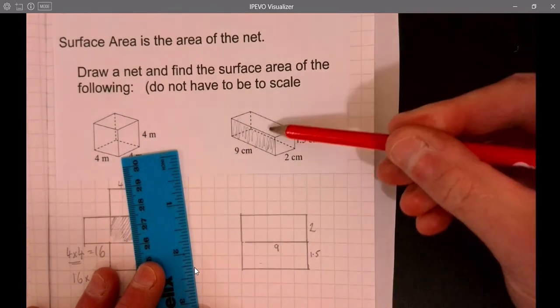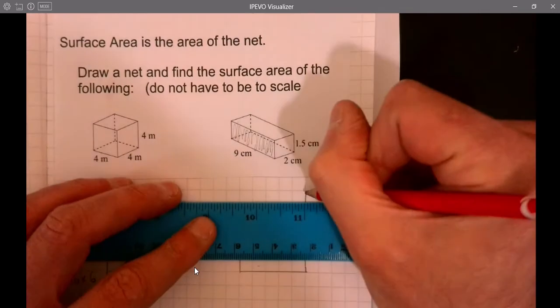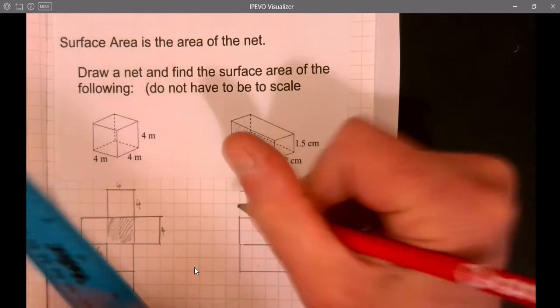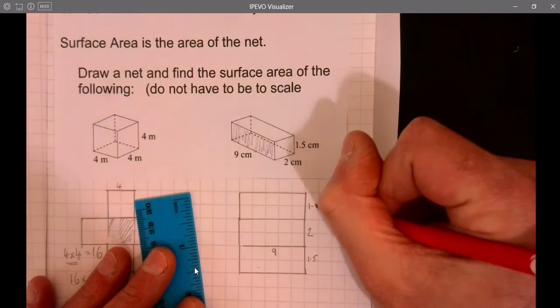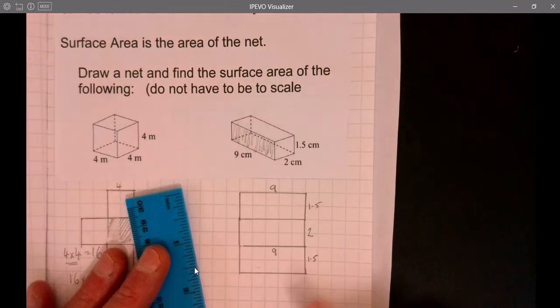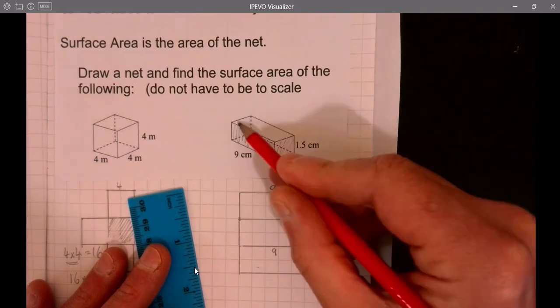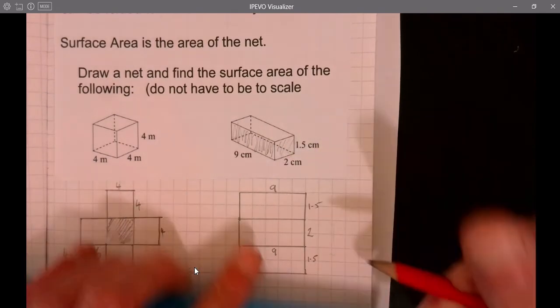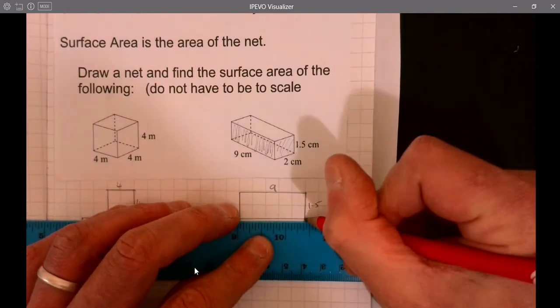Now the one on the other side, I'm going to draw that in as well. So that bit there's 1.5. That's 9. And then I'm going to draw the 2 side parts, this bit and the other bit on the other side. That's going to come out to 1.5, 1.5.